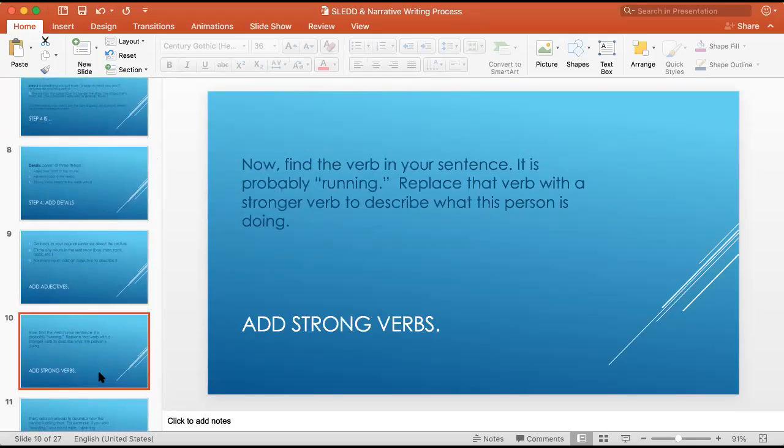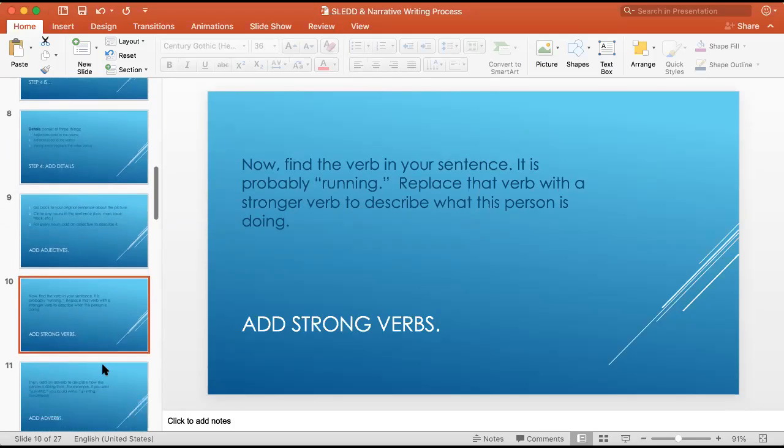Then you say, okay, find the verb in your sentence. For most of the kids, it's probably run or running. Now replace that verb with a stronger verb to describe what that person is doing. And you can give them a minute to do that by themselves. And then you can give them a moment to share those out. And again, borrow from a neighbor if you want to. So you might have sprinting, galloping, racing, any of those words.